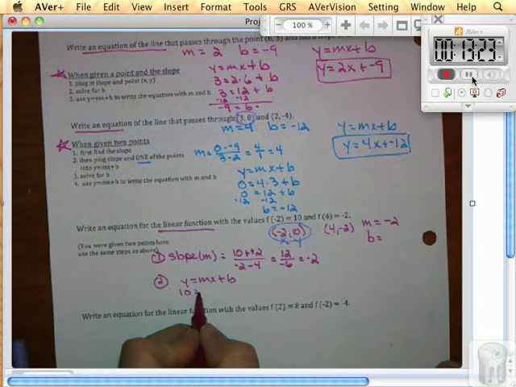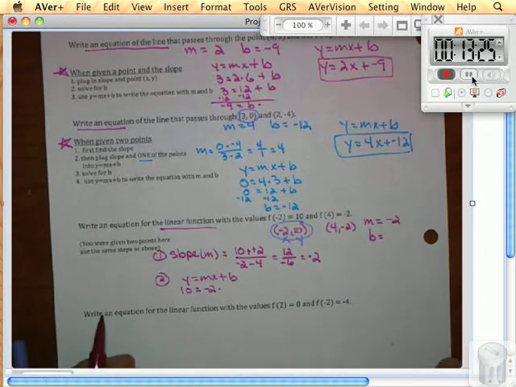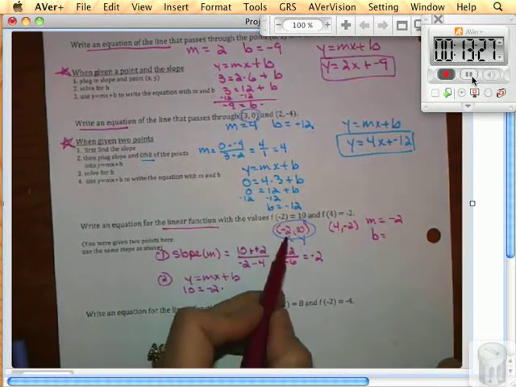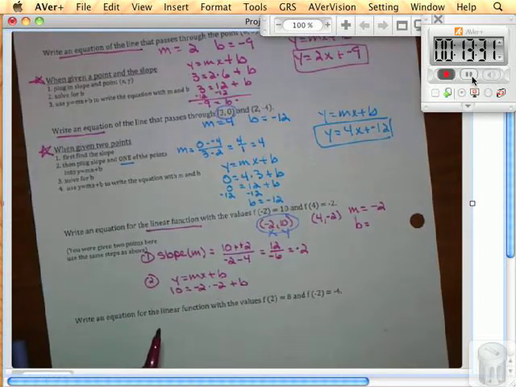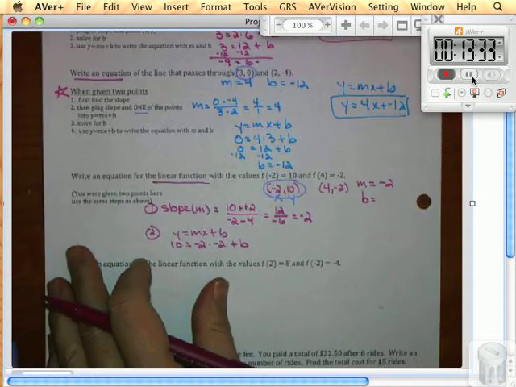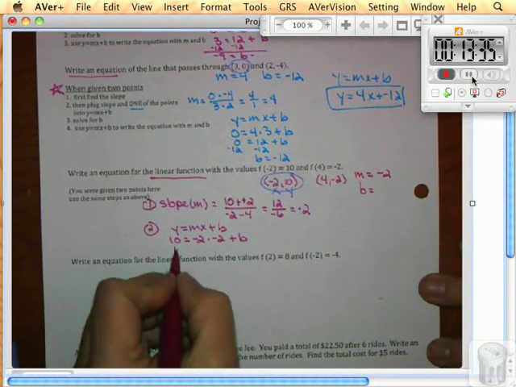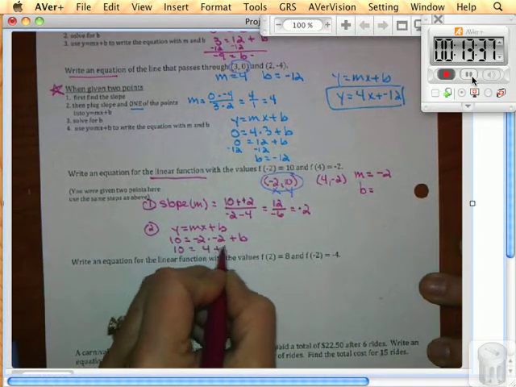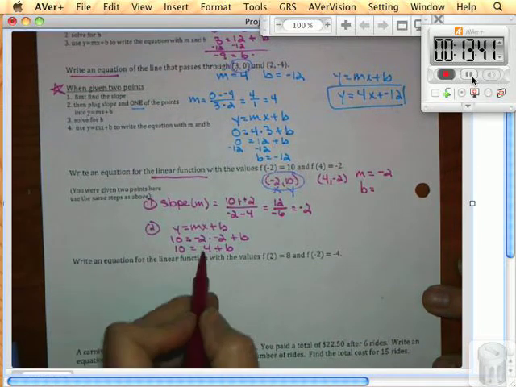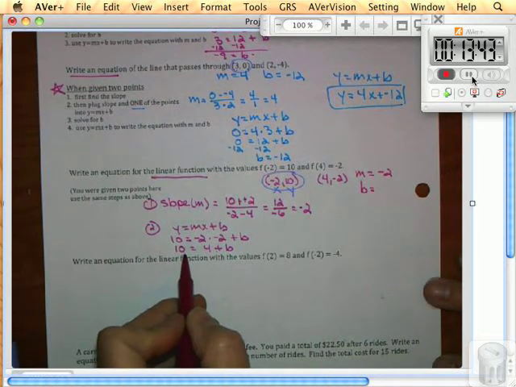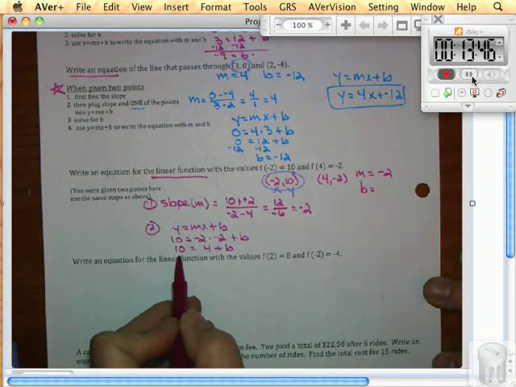Plug in my slope, which is negative 2. Plug in my x-coordinate, which is negative 2, plus b. 10 equals 4 plus b. When I subtract 4 from both sides, I'm going to get b equals 6.